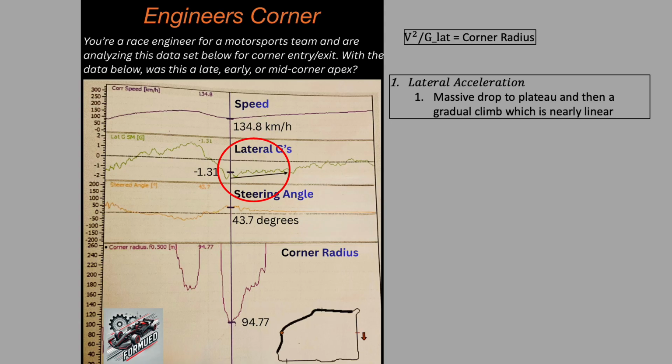But what's really important to understand from all of this is that it's a balancing act between the longitudinal forces and the lateral forces. So fast entry, slow exit is early apex.